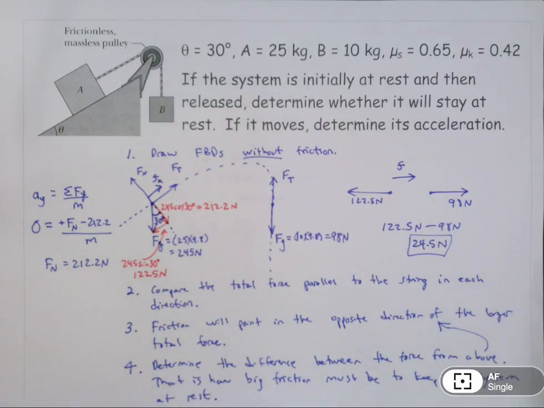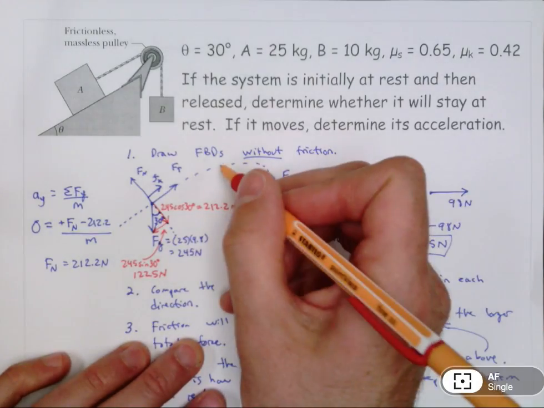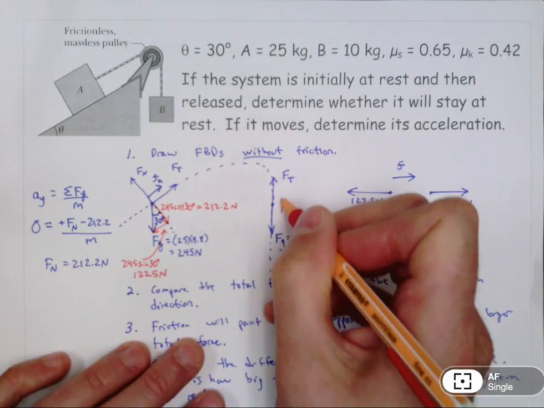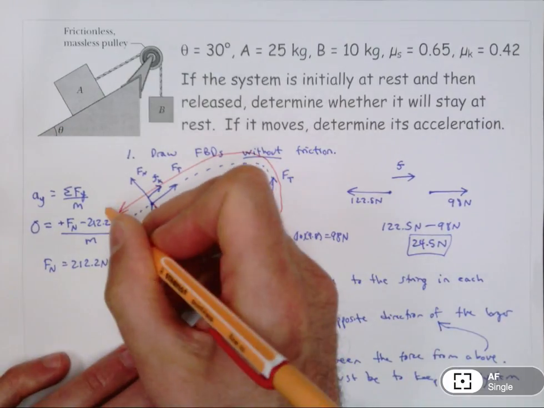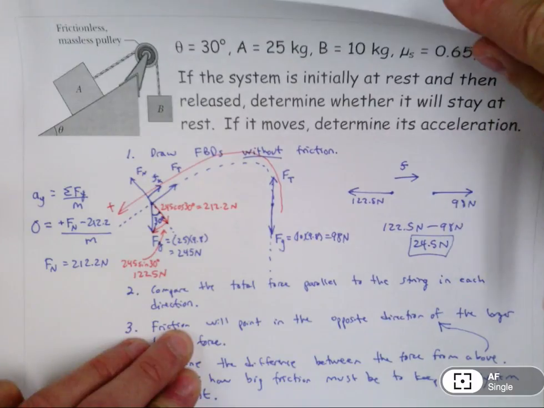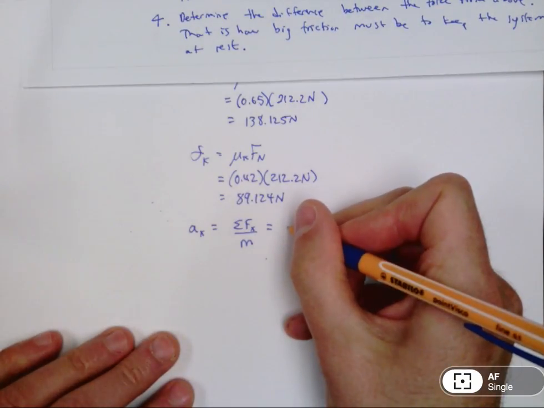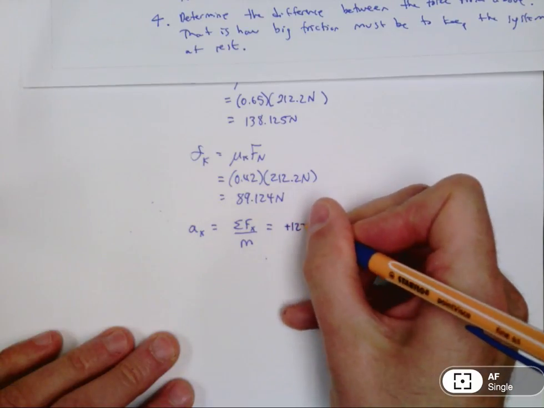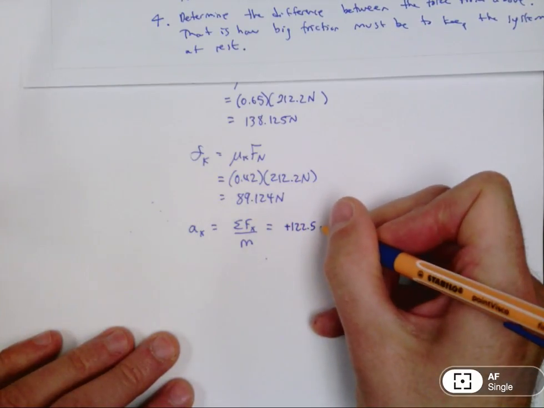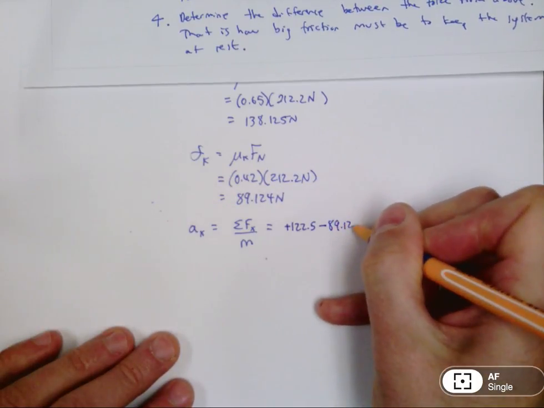We have to put all of those forces together. Also, since it's a pulley problem, we have to make a decision of which way we want to call the positive direction. I usually like to make that the direction that I know it's going to move. And we know it's going to move this way. So anything that points that way, I'm going to make positive. So let's put that into my equation. That means I have the x component of gravity at positive 122.5. I have kinetic friction pointing the other way at negative 89.124.